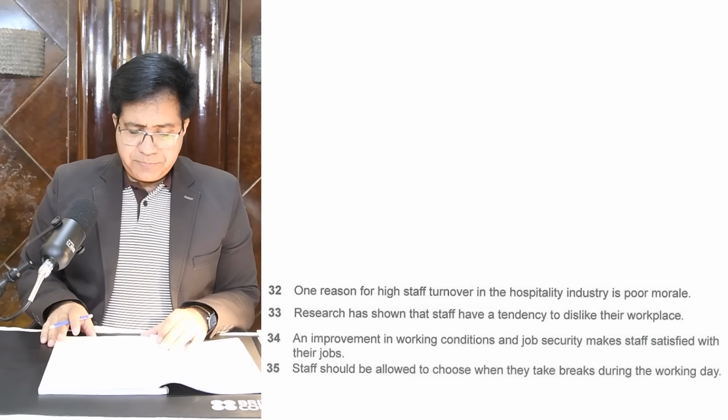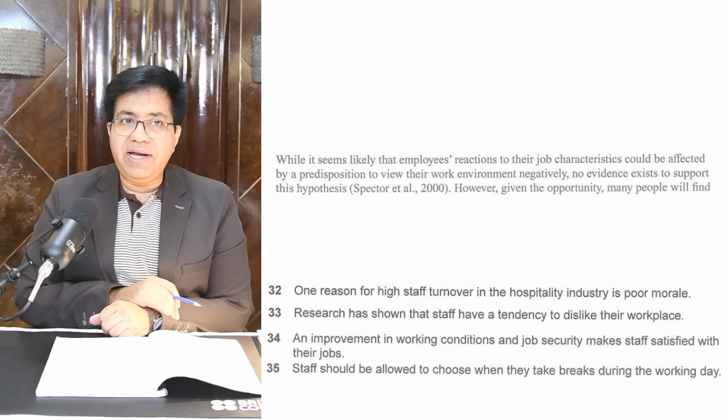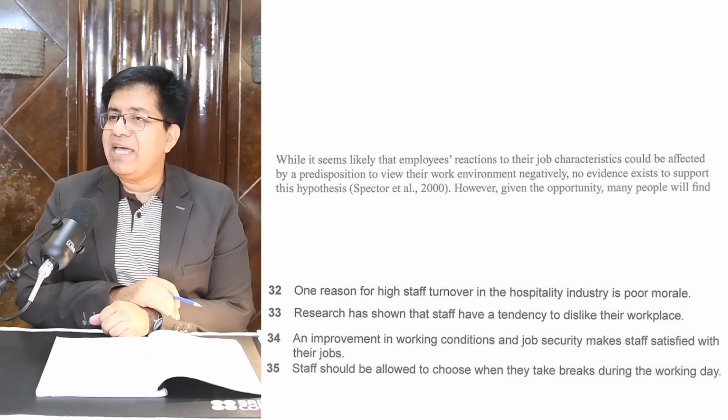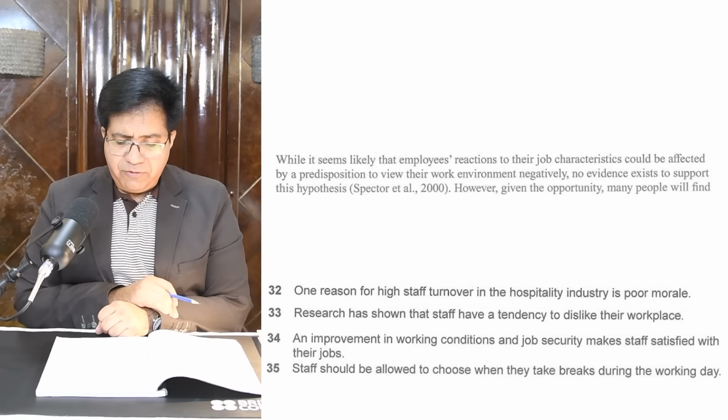Please come back. Last paragraph on title page. Found it? Last paragraph, 3 lines only. Title page, first page. While it seems likely that employees' reactions to their job characteristics could be affected by predisposition to view their work environment negatively.